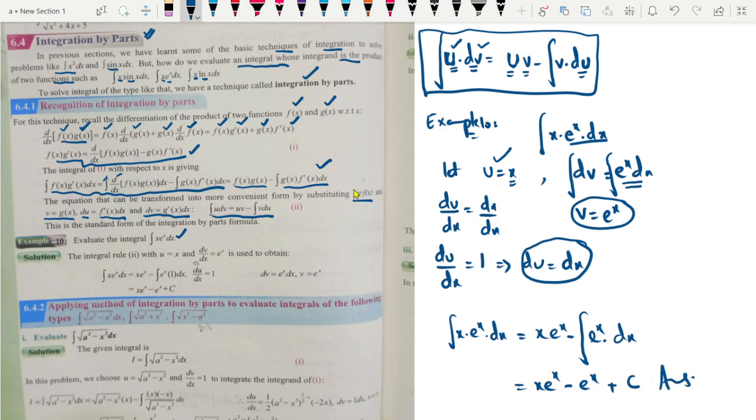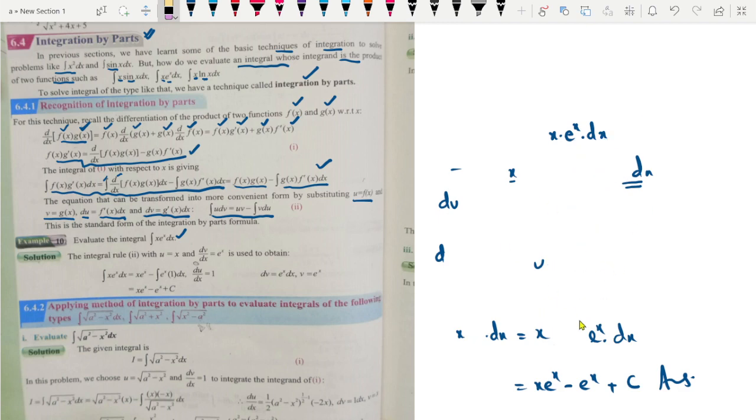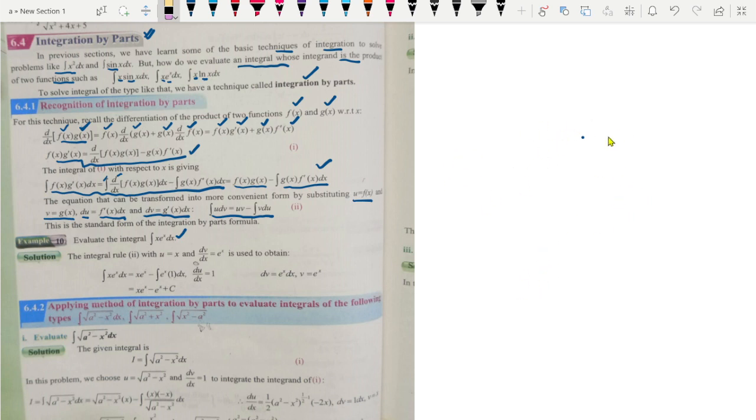So the second question is: we have this integral of under root a square minus x square dx.